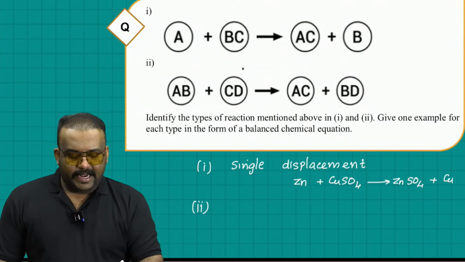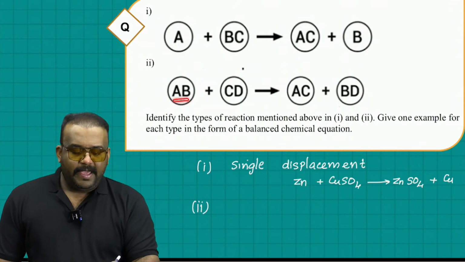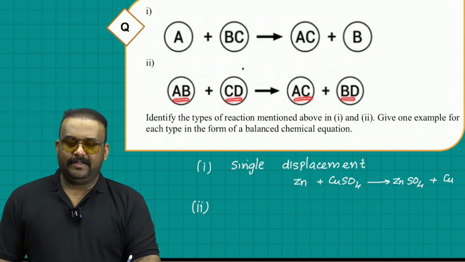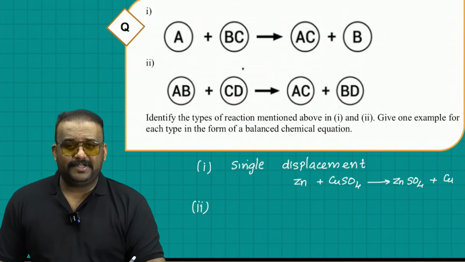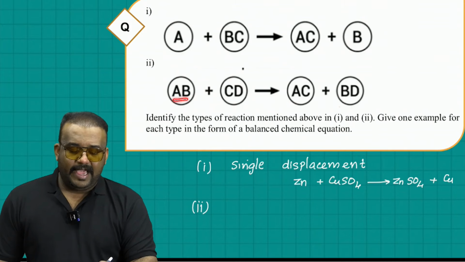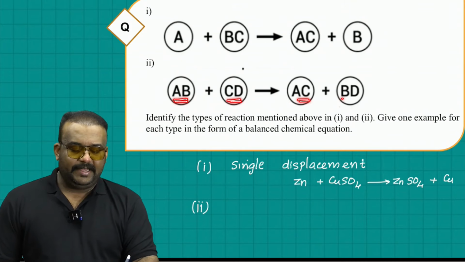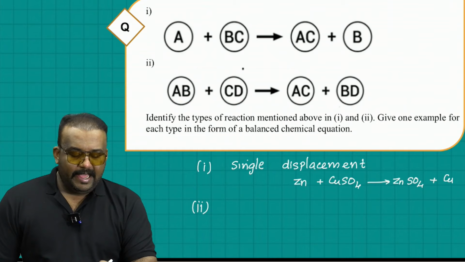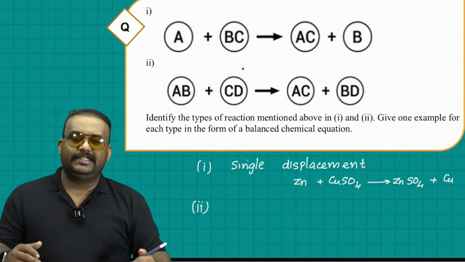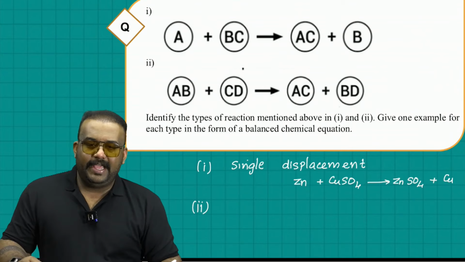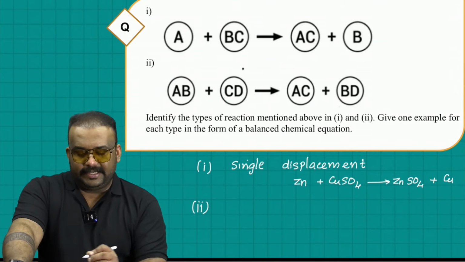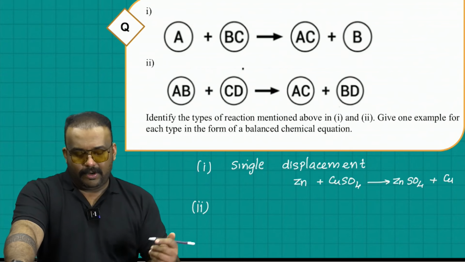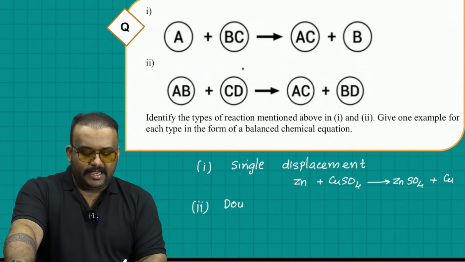Okay. Now look at the second question. AB plus CD gives AC plus BD. Yes, without any confusion, you can say the answer of this, right? AB plus CD giving AC plus BD. What is happening here? They are mutually exchanging, correct? So if a mutual exchange happens between two compounds, that belongs to which category?